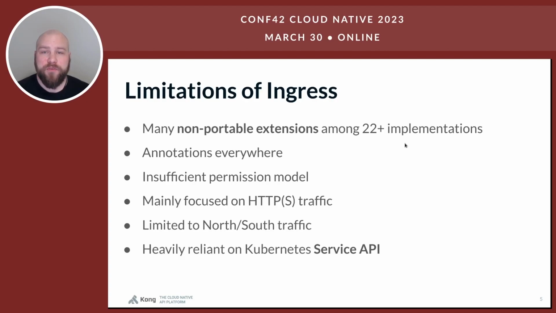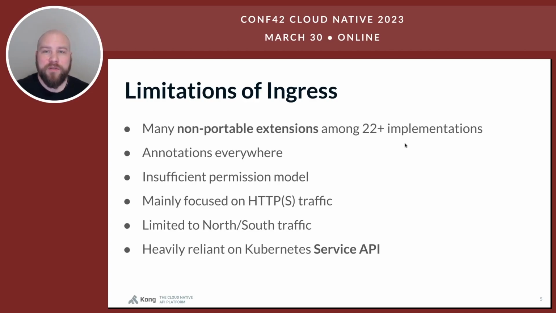There was an insufficient permission model, and it was mainly focused on HTTP traffic. There are some caveats to this, but for the most part, it's about HTTP traffic. To a lesser extent, it was limited to north and south traffic, which we'll get into a little bit later. And then it was heavily reliant on the Kubernetes service API. It uses service, you kind of are bound to service. And so these are some of the things we want to change.